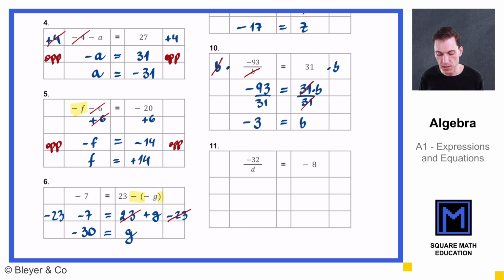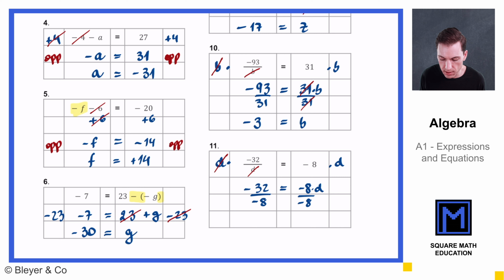In the last equation, we have negative 32 divided by d is equal to negative 8. Without further ado, we're going to multiply both sides by d as our little trick. d cancels out with d. We have negative 32 equals negative 8 multiplied by d. The inverse operation of multiplying by negative 8 is dividing by negative 8.